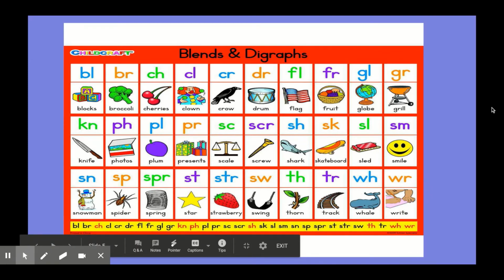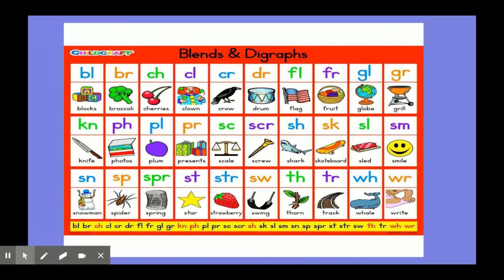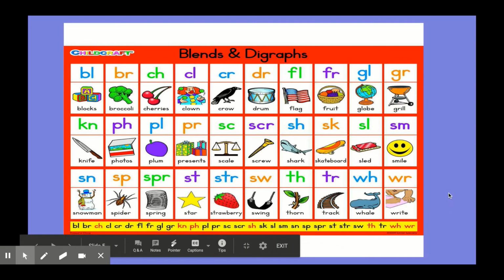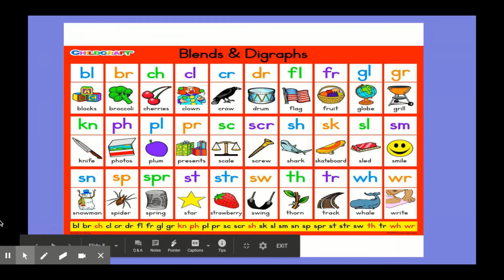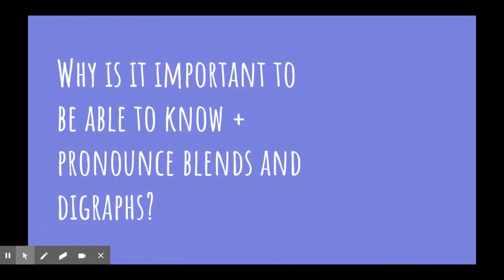Okay? So just knowing these is really helpful. That way, when you encounter these words, you are able to automatically identify what they are, and you don't get all caught up in trying to pronounce each individual sound to sound out the word, okay?